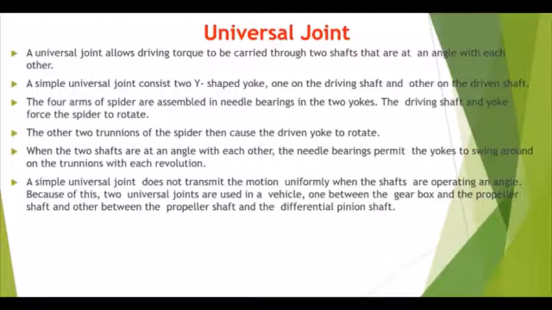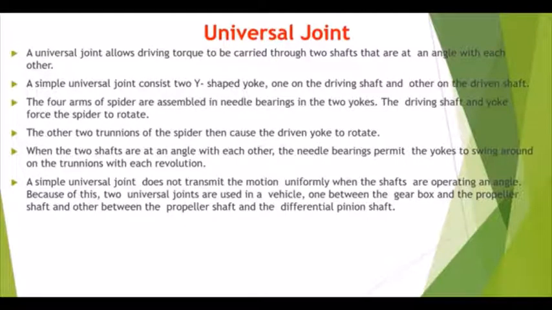Coming to the first one, the universal joint. It is shaped like a U joint, and we also call it a hook joint. It is a kind of linkage which transmits rotation between two non-parallel shafts whose axes are coplanar, or not coinciding.